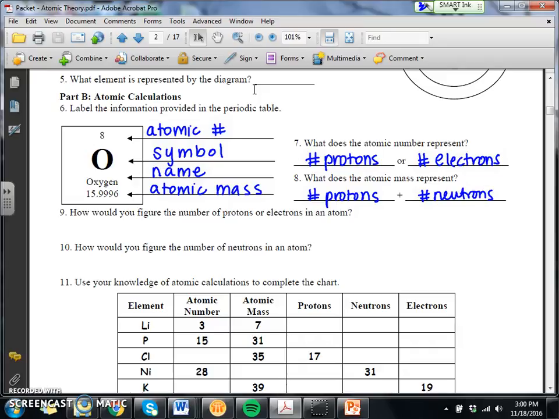So if we want to figure out the number of protons or electrons in it, we would just look at the atomic number. But if we want to figure out the number of neutrons, I need to take my atomic mass and subtract my atomic number to give me my neutrons.